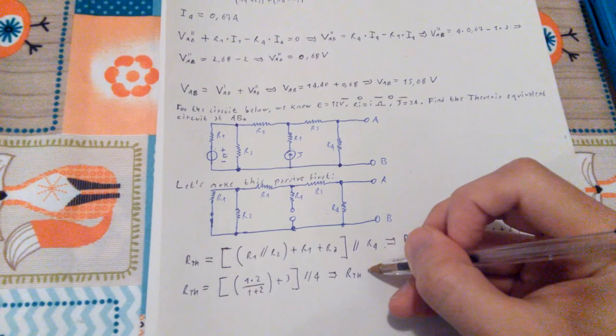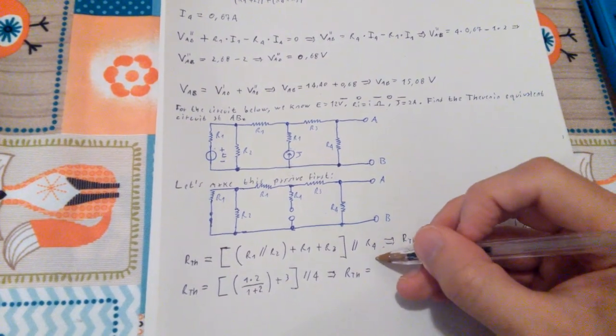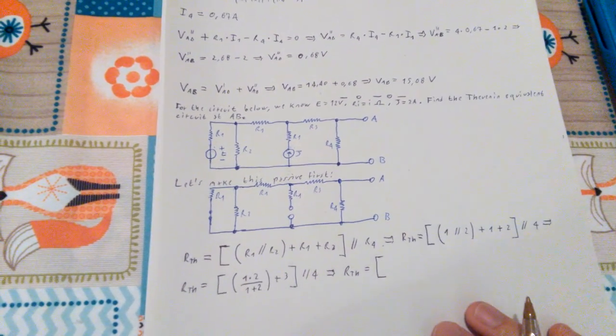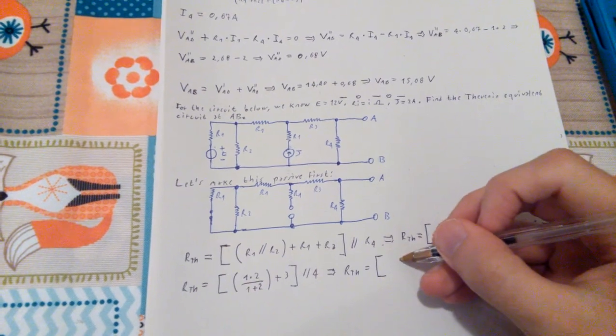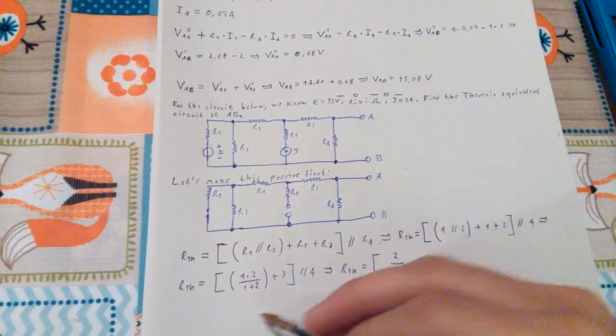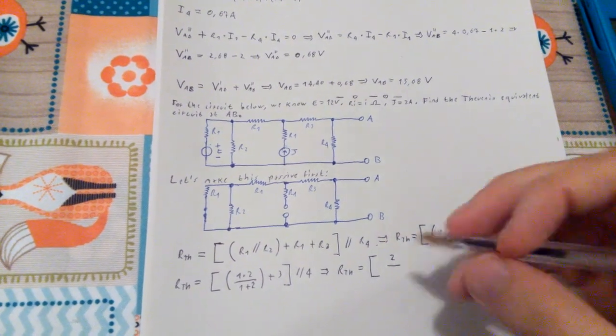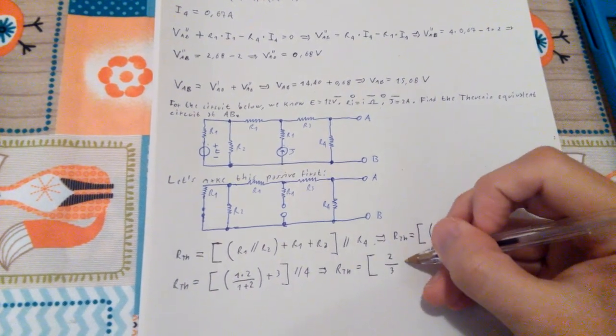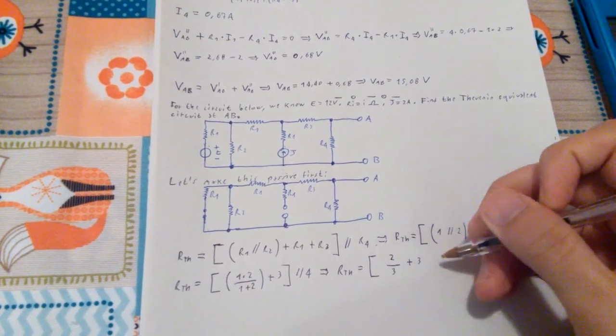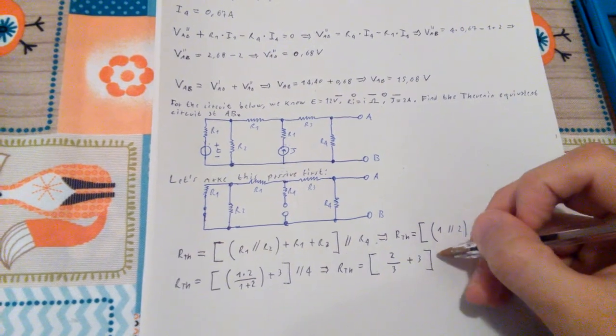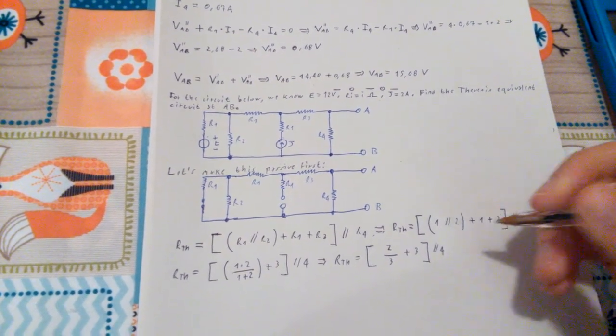So RTH is actually 2 times 1, which is 2, and 2 plus 1 is 3. So 2/3 plus 3, everything in parallel with 4.